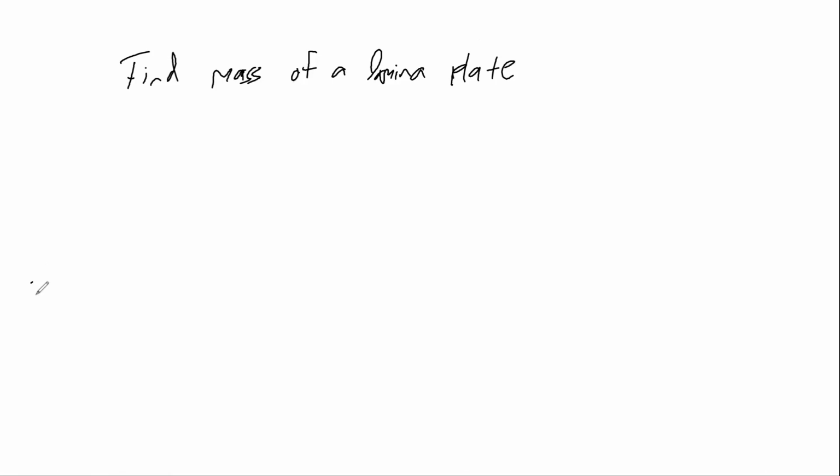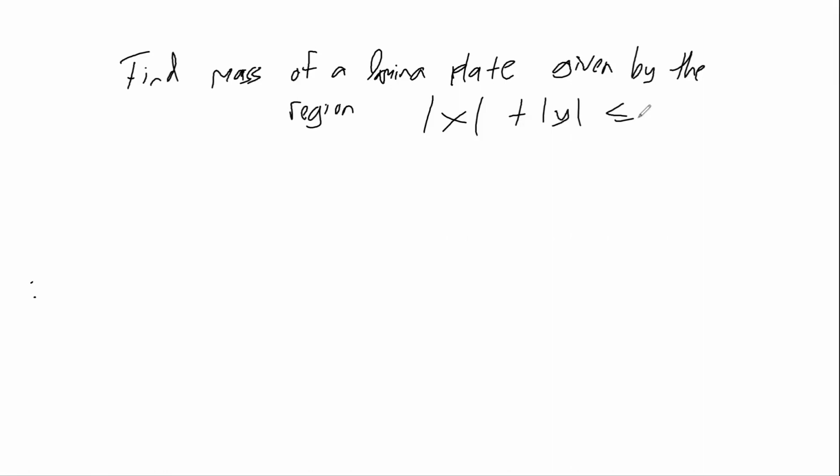Given by the region |x| + |y| less than or equal to 2, with density rho equals e to the 2x.